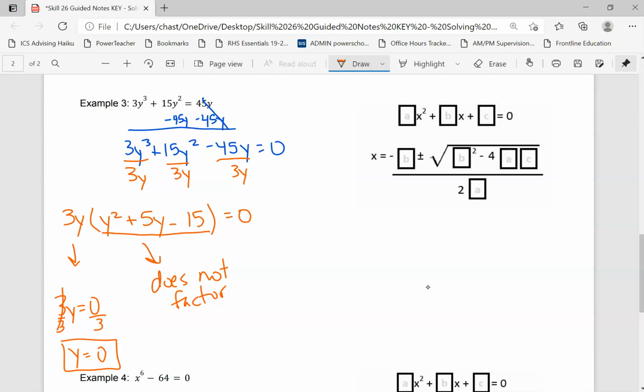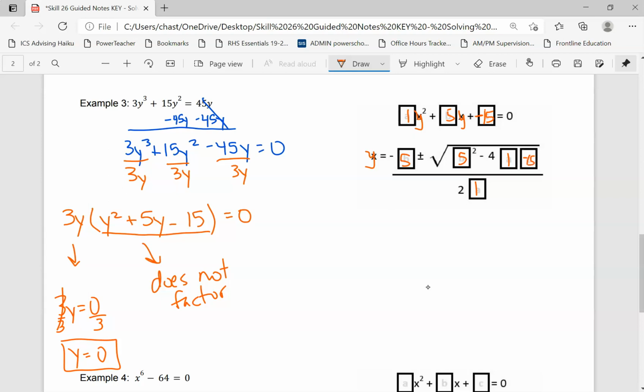Now notice we have y's here. These say x's. We can easily change those to y's. So I have 1y squared plus 5y plus negative 15. Okay? All right, so my a is 1, my b is 5, and my c is negative 15.